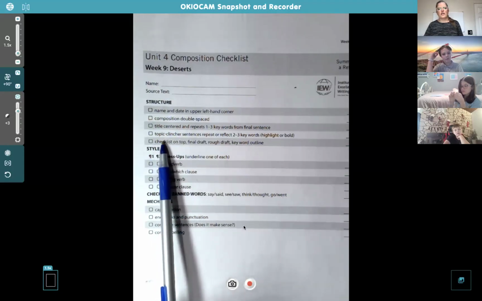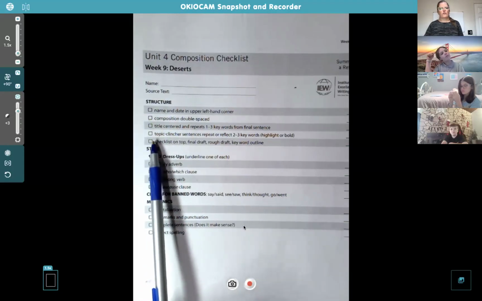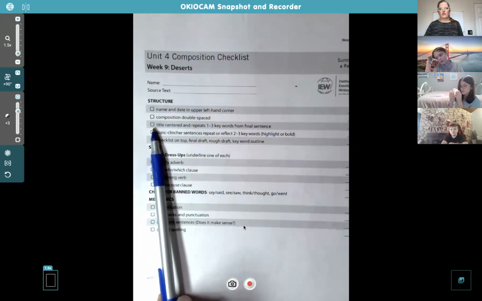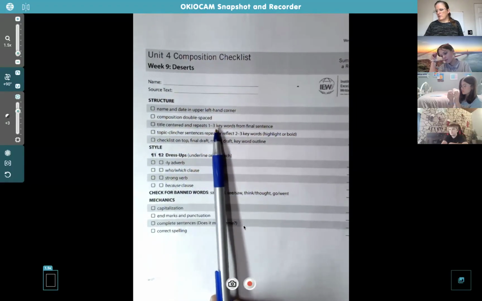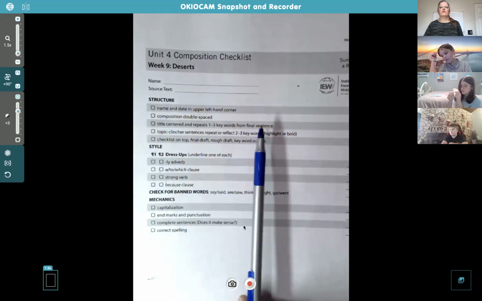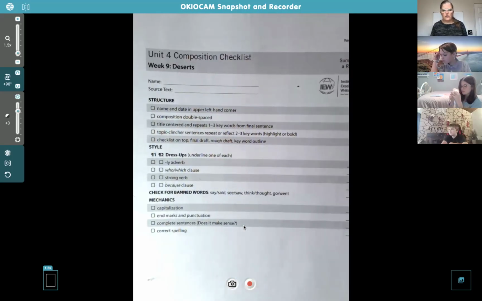But notice on your checklist, the third box down has the title rule here. Title centered and repeats 1 to 3 words from final sentence. So now that you guys are adding a second paragraph, you're going to have a new final sentence. That's why you might have to change your title.